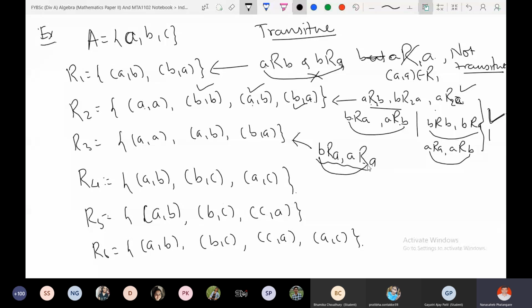Now we expect that B is related to A, that means the pair BA is there. Yes. Now A is related to B and B is related to A implies A is related to A, so we expect that the pair (A, A) is there. It is there, right? So for all the possibilities you can check.